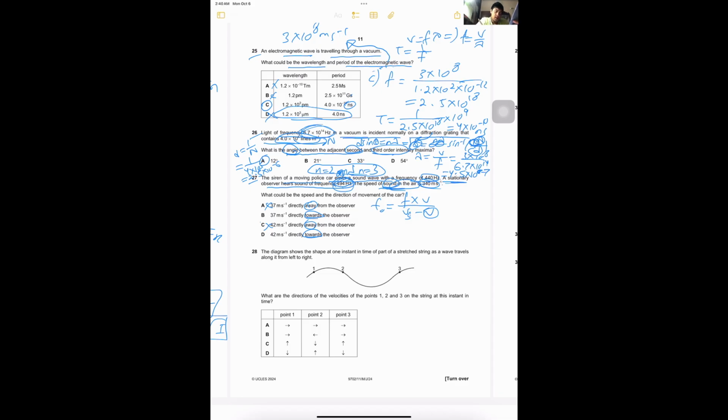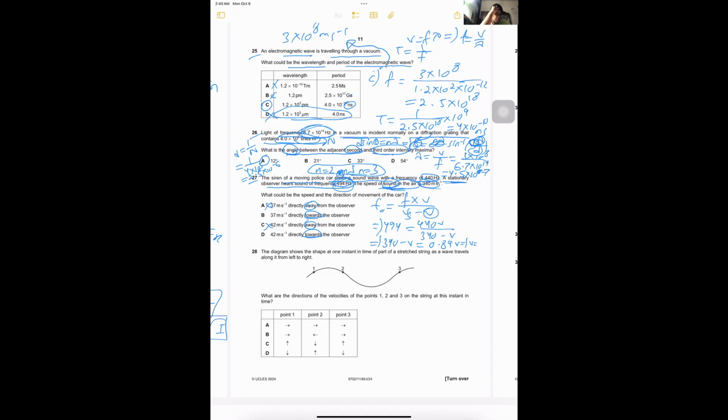So f0 is 494 and f is 440, v by 340 minus v, so 340 minus v equal to 440 divided by 494, which is 0.89 v, or v equal to 340 divided by 1.89.